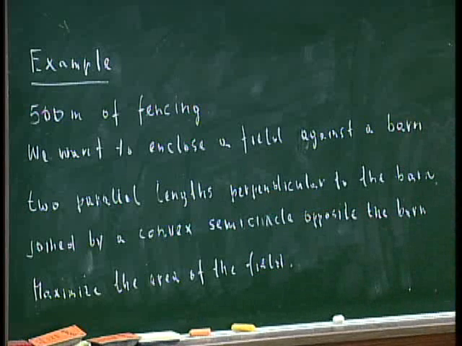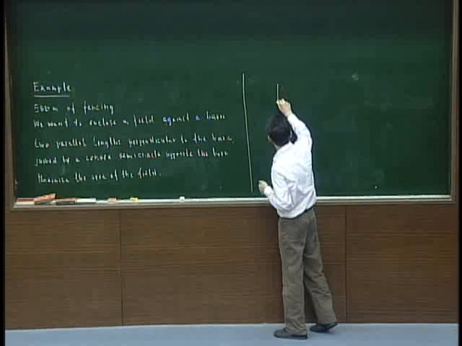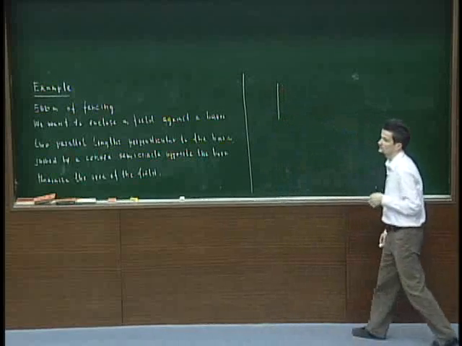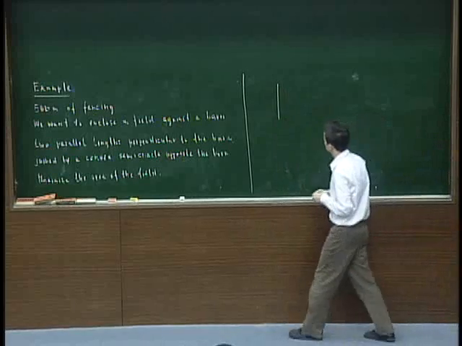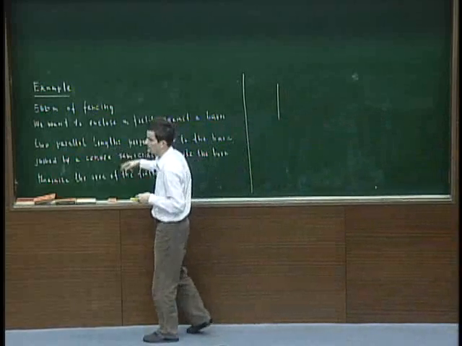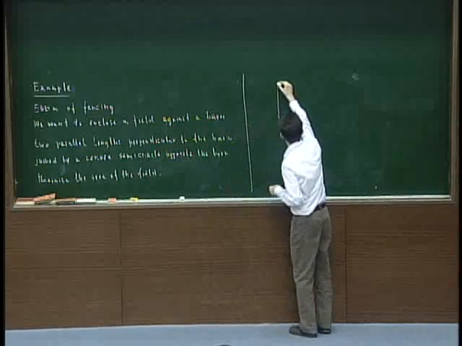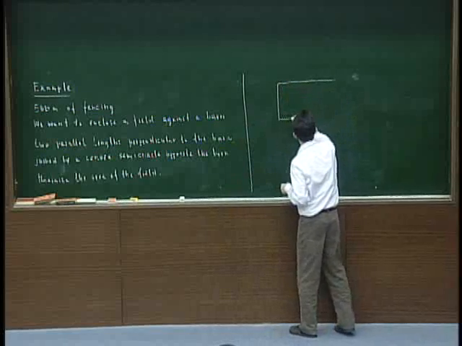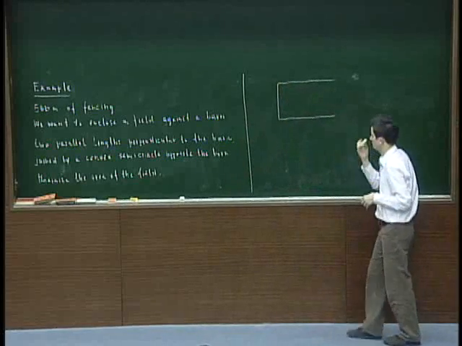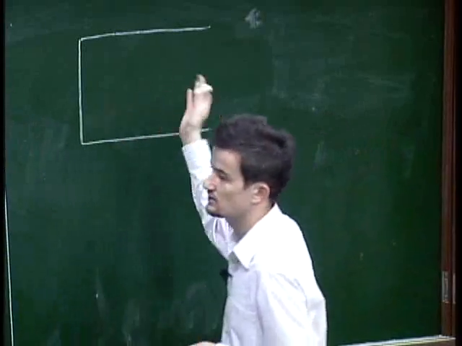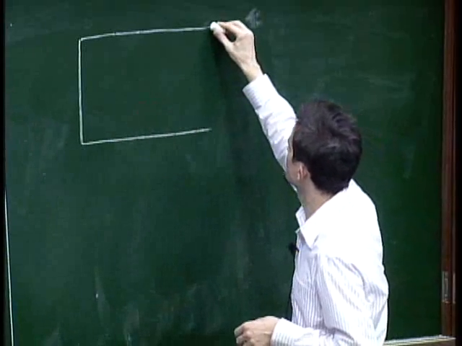Okay, so here essentially you have a barn. So let's assume this is the wall of the barn, and we have two lengths which are parallel and perpendicular. So this means something like this here. Okay, and then this is joined by a convex semicircle which is opposite to the barn.